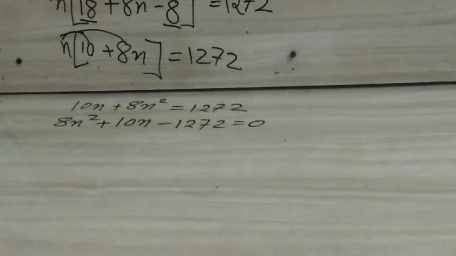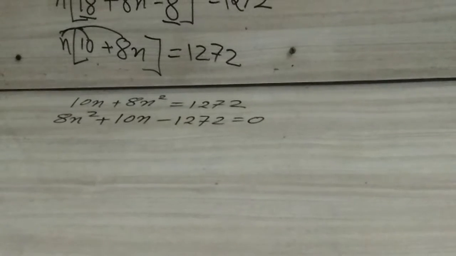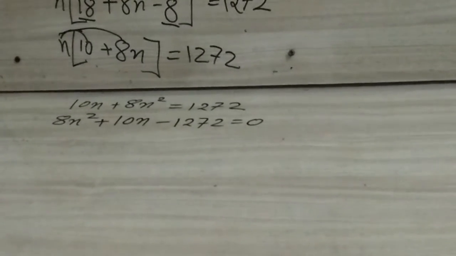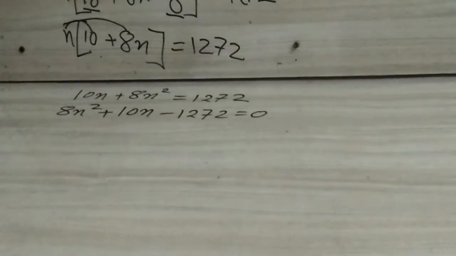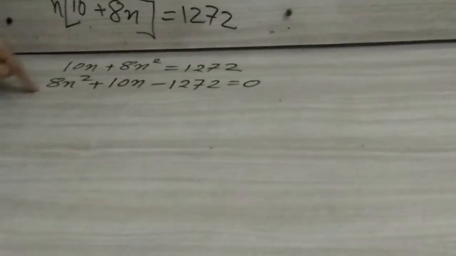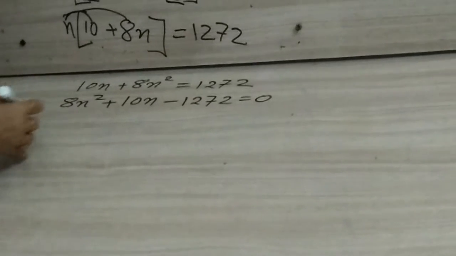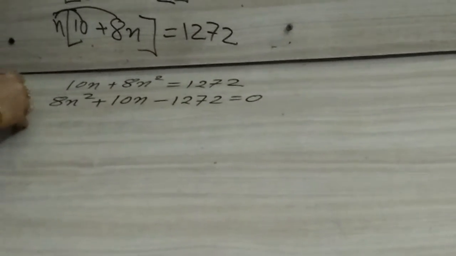So we can take 2 common, that means we can divide the whole equation by 2, to reduce this equation to a simpler form.